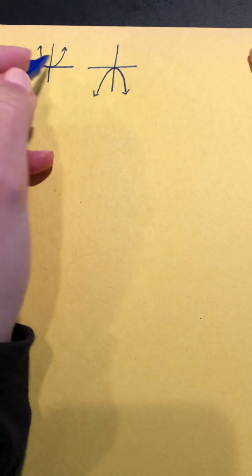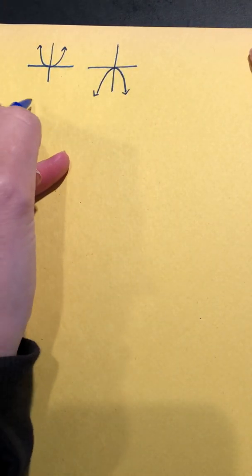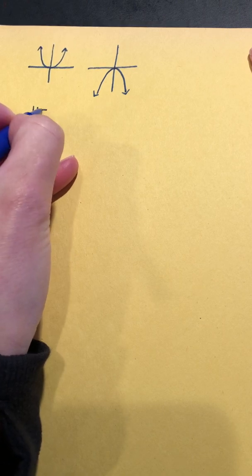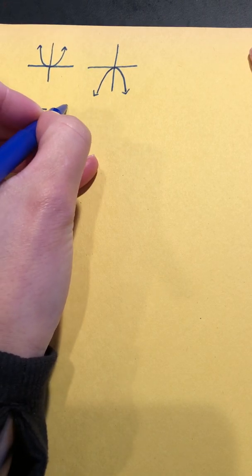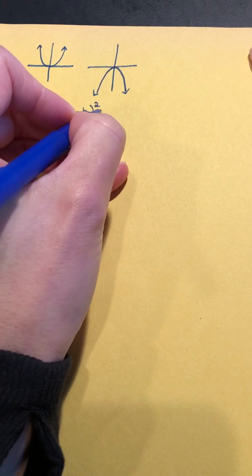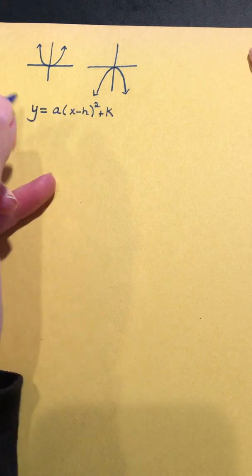If you have a parabola that opens up and down, here's basically the deal. You're going to have the following equation: y equals a times the quantity x minus h squared plus k. And you've seen this before. This is, quote, vertex form.